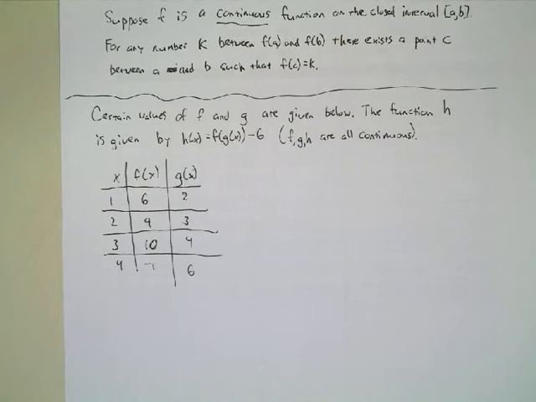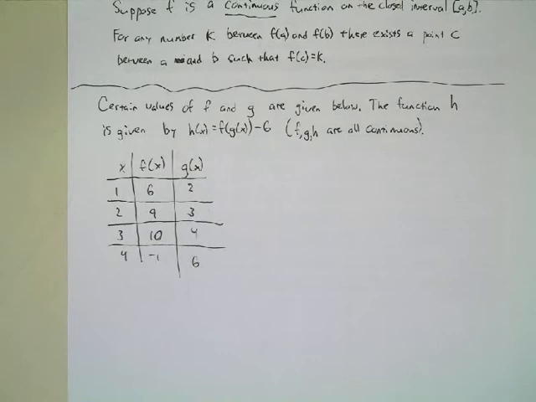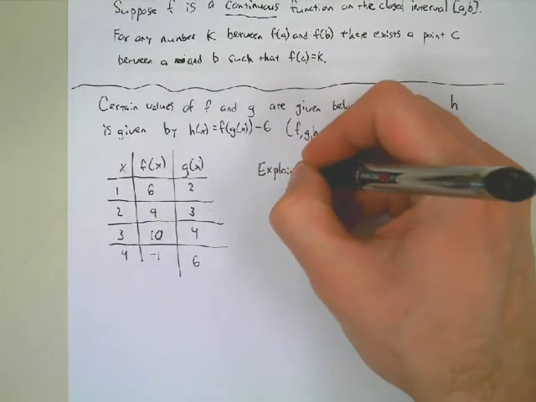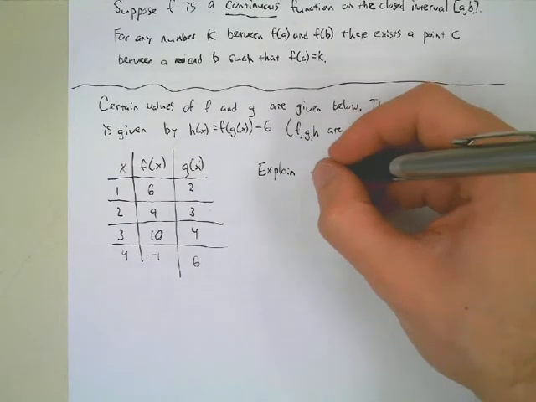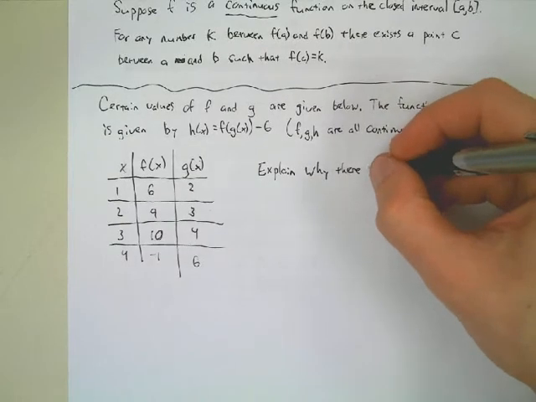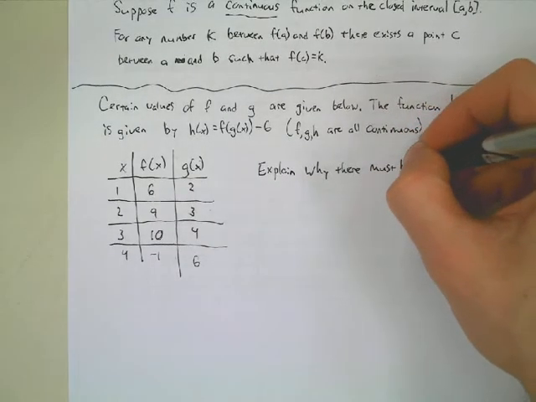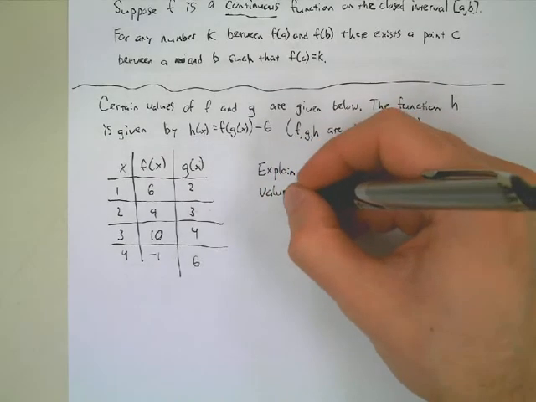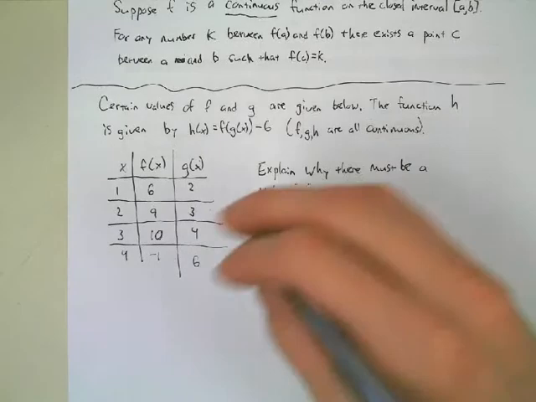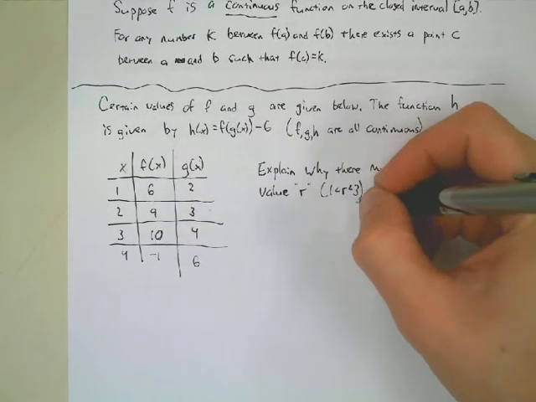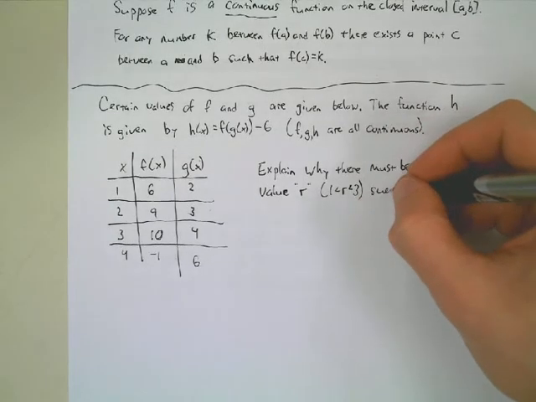So then our actual task is to explain why there must be a value r between 1 and 3, such that h of r equals -5.